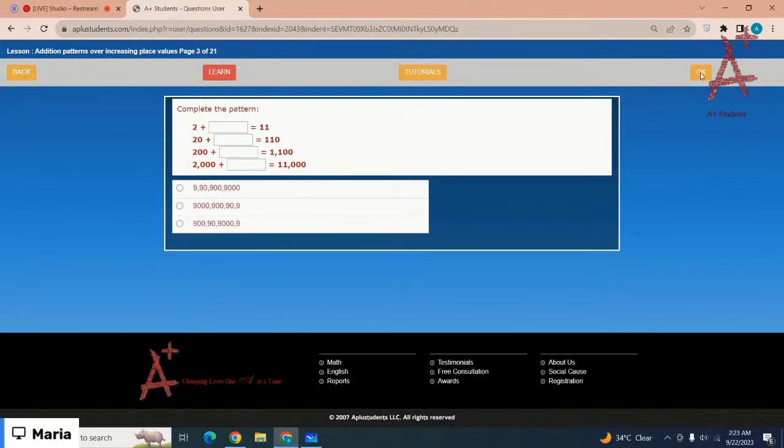Okay, complete the pattern. Which is the correct option? 2 plus what number equals 11?